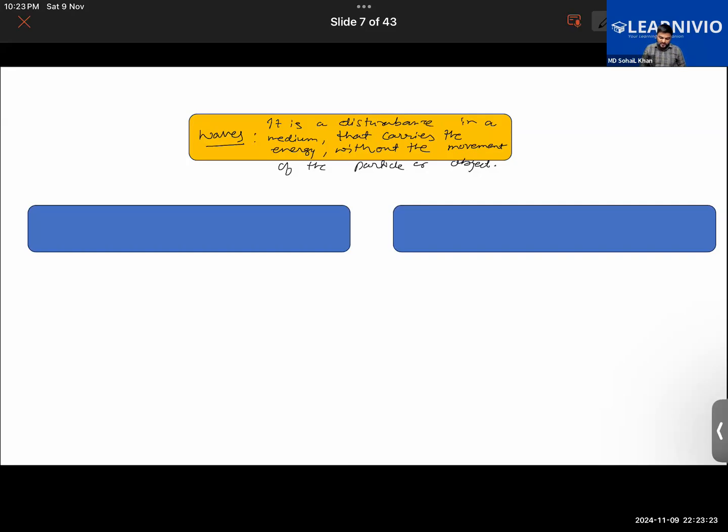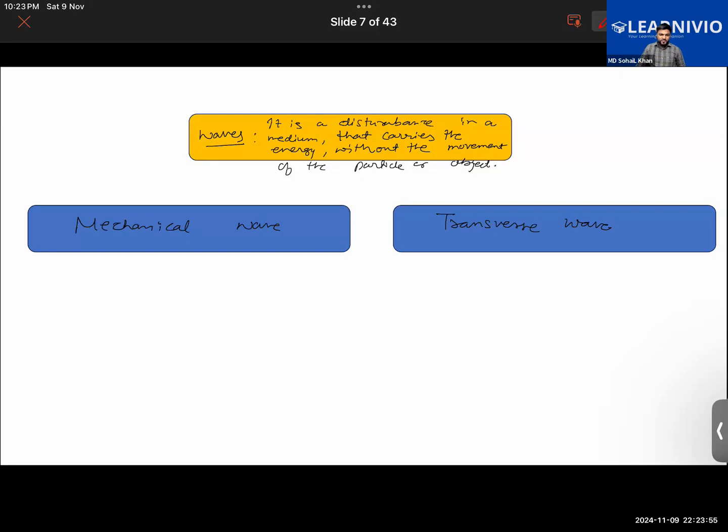First one is the mechanical wave. Another one is the transverse wave. Mechanical waves are those waves in which a medium is required.